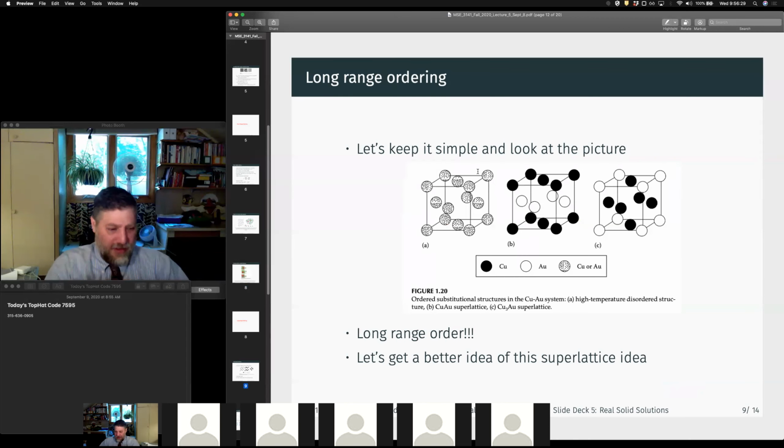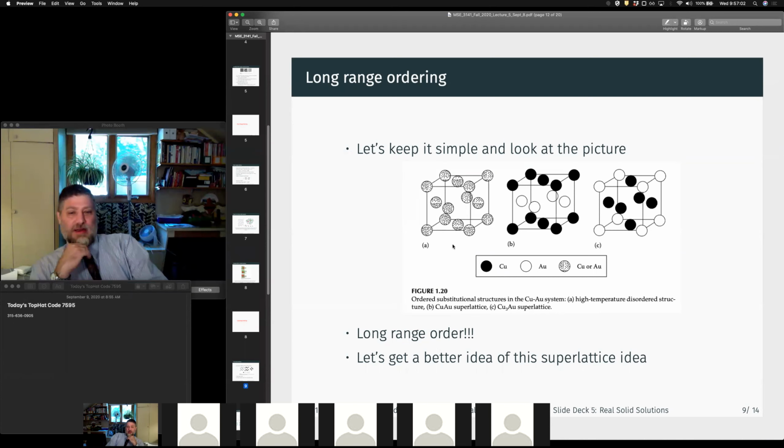The reading makes this much, much more complicated than it needs to be. So let's just keep it simple and look at the picture. If this is the copper gold system, not a particularly useful structural material, but this could have easily been aluminum copper or nickel aluminum or other systems.